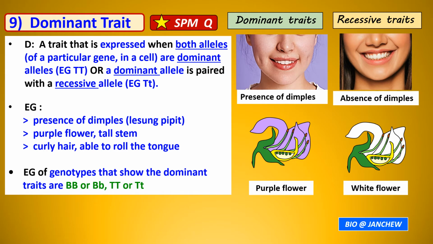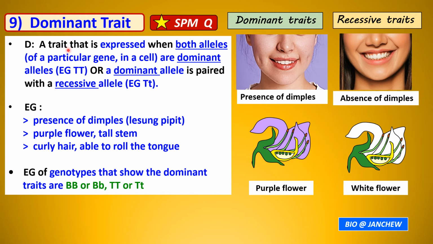The next term is dominant trait. So a dominant trait is a trait that is controlled by a dominant allele. It is a trait that is expressed when both alleles of a particular gene are dominant alleles, for example, big T, big T, or when a dominant allele is paired with a recessive allele, big T, small t, then the dominant trait will be expressed in the organism.